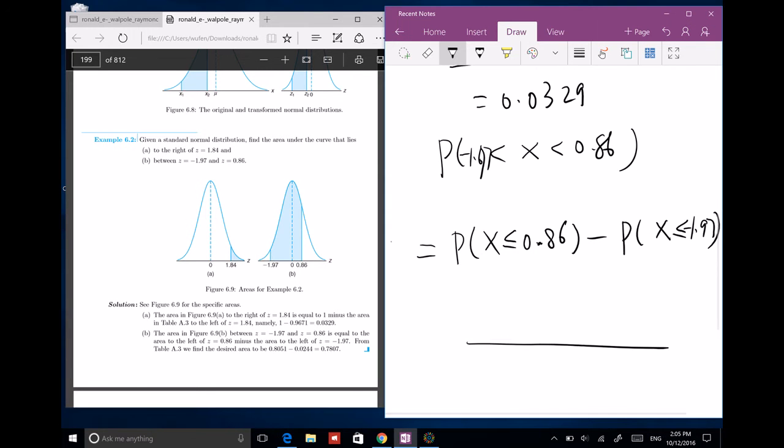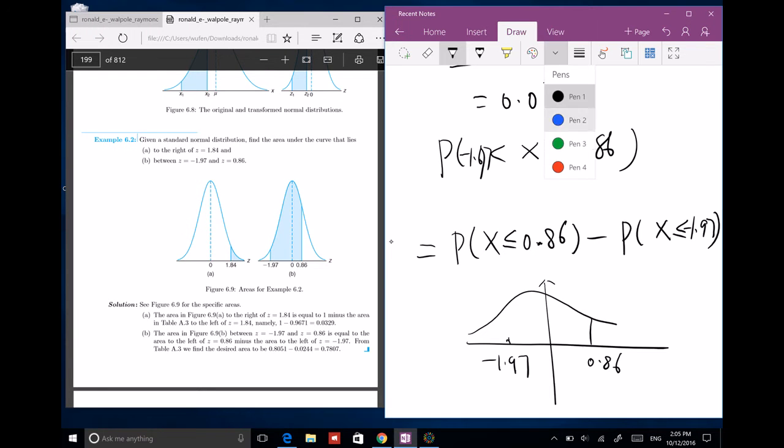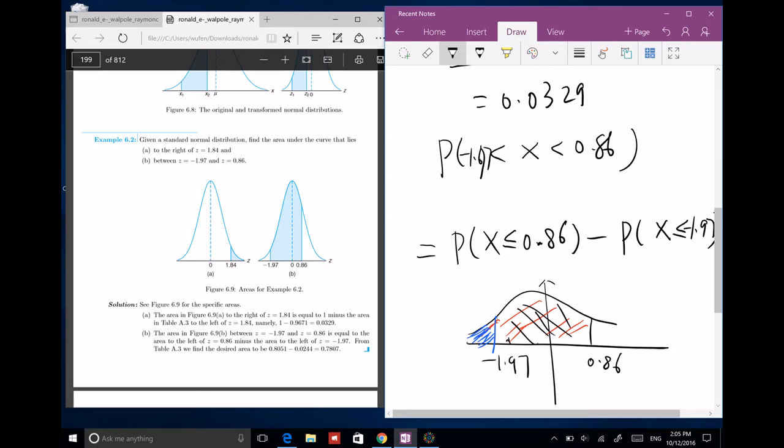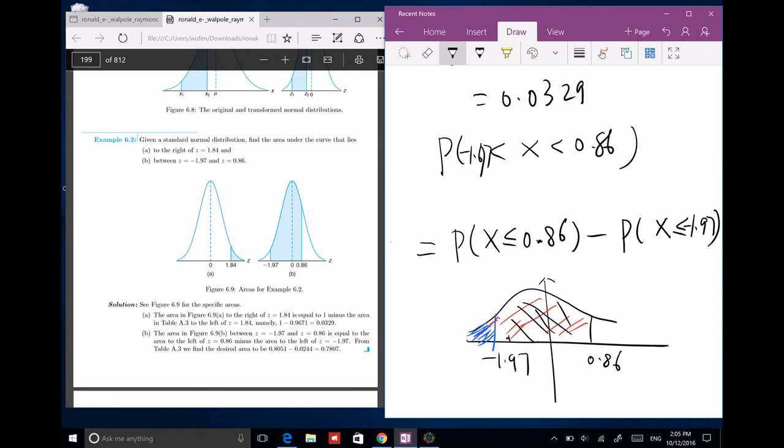Because, for example, this is 0.86 and this is negative 1.97. You take the probability of all of the left region and subtract the blue one, which is less than this one, then you have the middle shaded region, which is what you need to find: between negative 1.97 and 0.86.